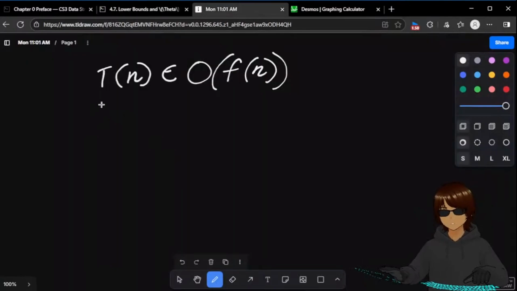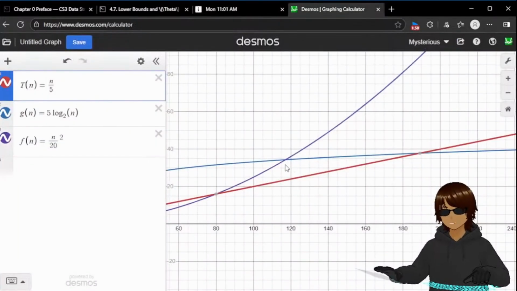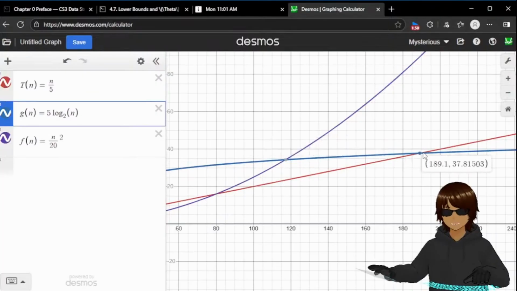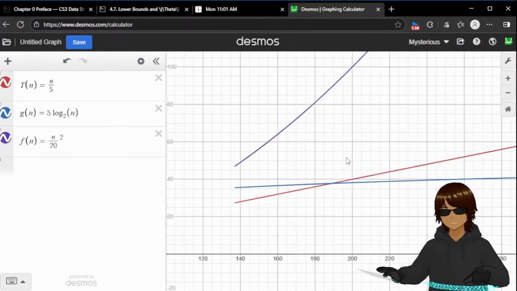And we also say T(n) is in the set Omega(g(n)), because g(n) is the lower bound. T(n) will surpass g(n) after some point, and it will remain on top of g(n) for all n after it.